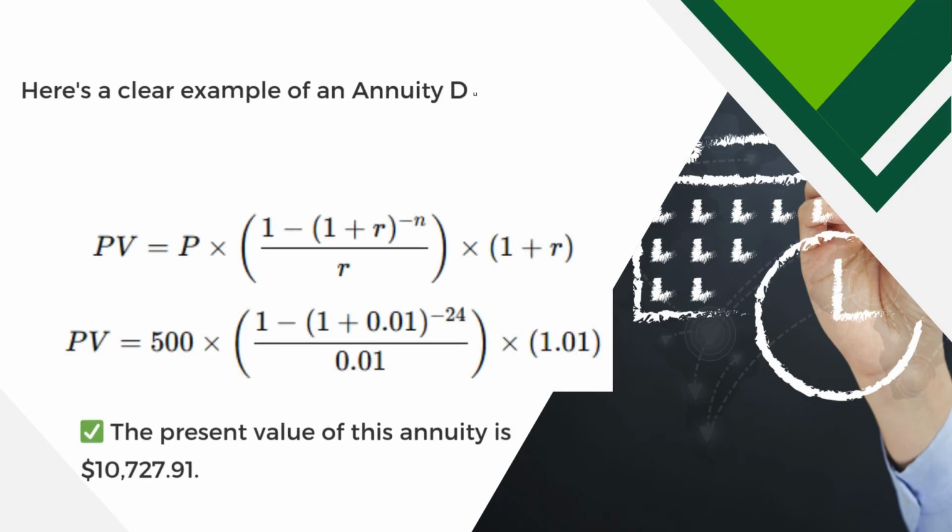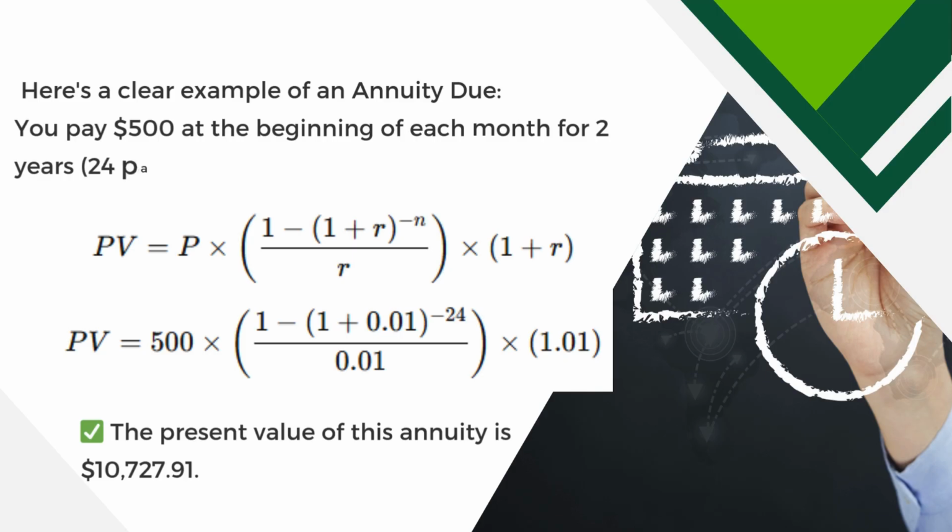Here's a clear example of an annuity due. You pay $500 at the beginning of each month for 2 years, 24 payments, with a 1% monthly interest rate, using the formula for annuity due. PV equals 500 times (1 minus (1 plus 0.01) to the power of minus 24) over 0.01, times 1.01. PV equals 500 times 21.243 times 1.01.